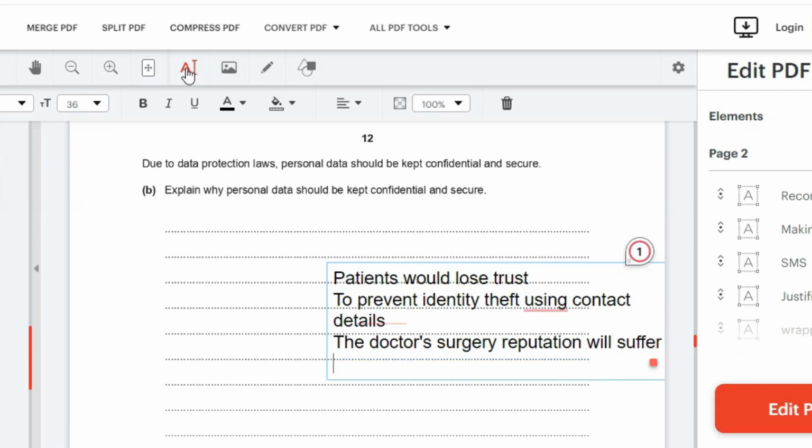All right, which other one? To prevent fraud from using financial information.